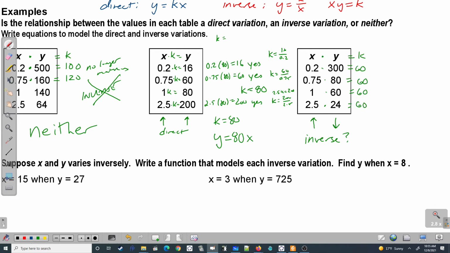And if it maintains that constant, then this is no longer a question mark. The answer is, yeah, it's an inverse variation. You can simply write y is always going to equal 60 divided by your x, or you can write xy equals 60.